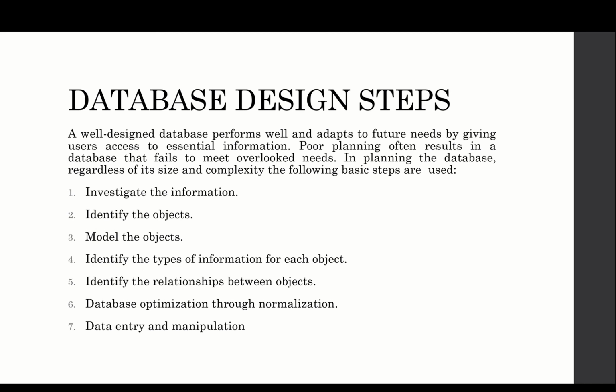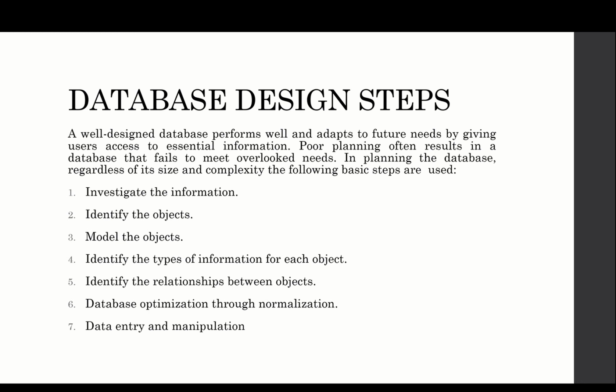The steps you are going to follow: number one, you have to investigate the information. What information do you need to include in your database? Then you gather information from different areas of the institution where the database will be used.